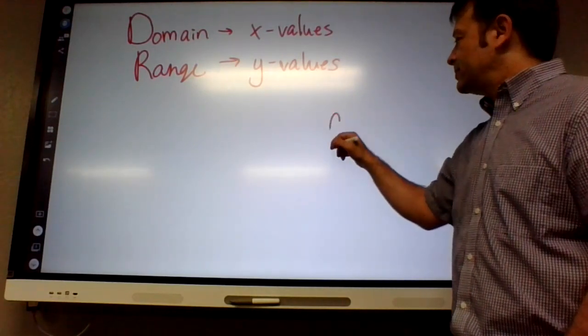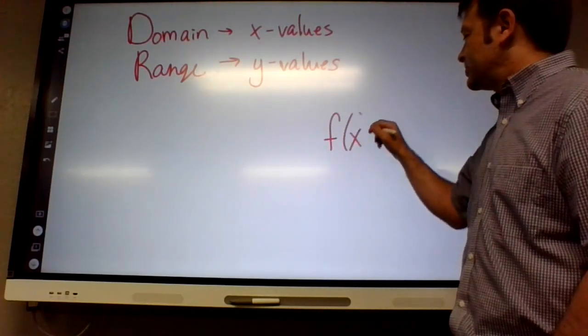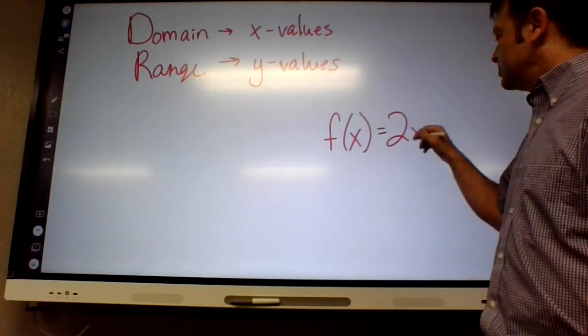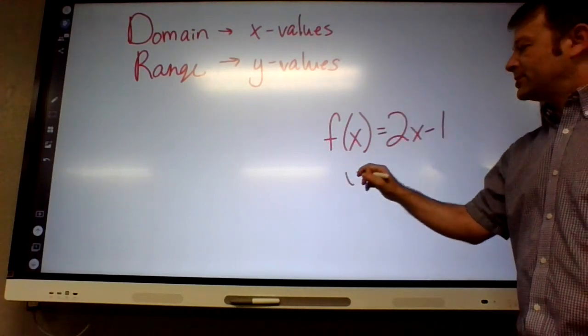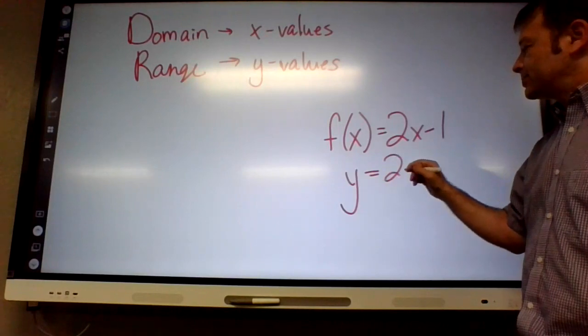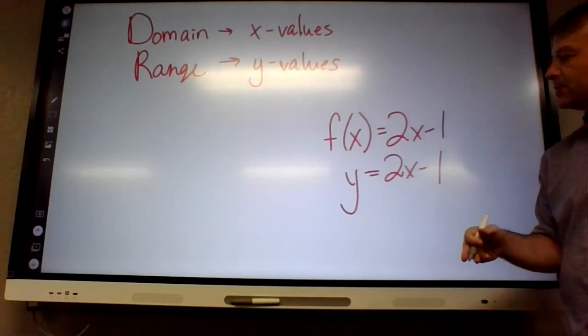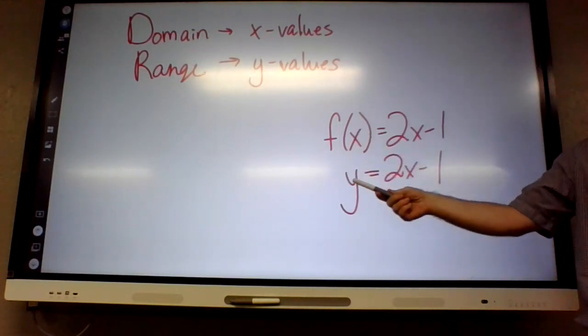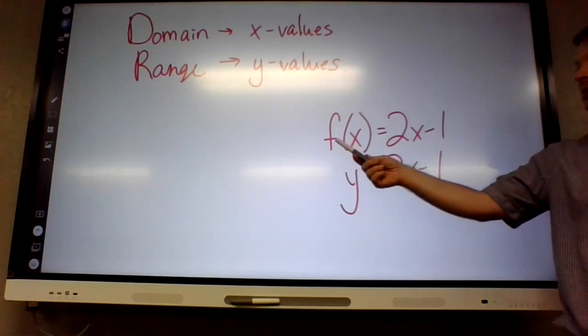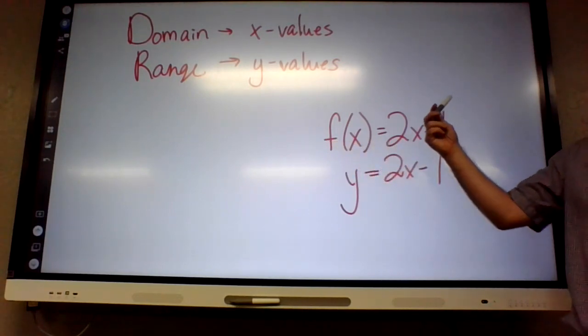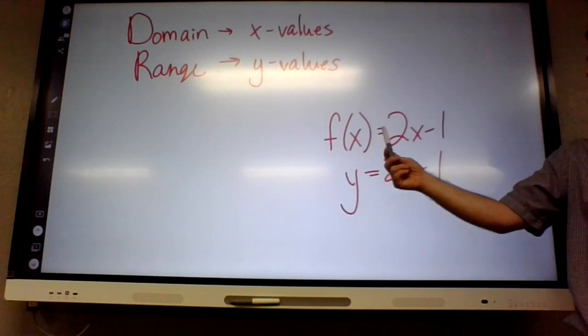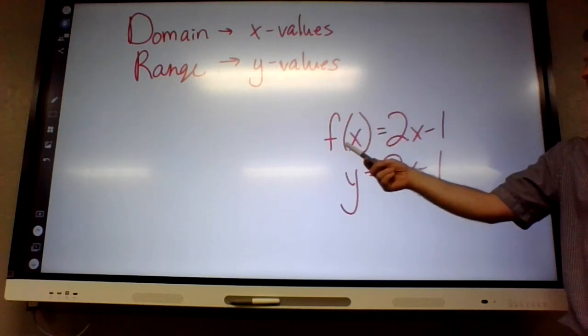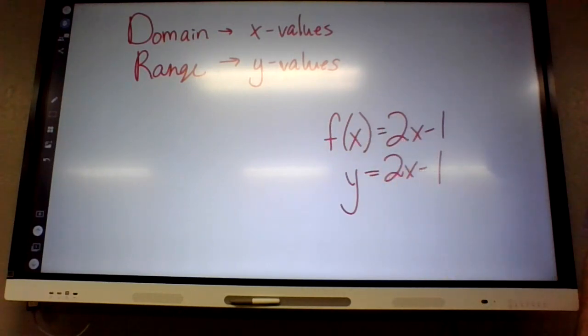So normally a function is written something like this: f of x equals 2x minus 1. By the way, this is the same thing as y equals 2x minus 1. These are interchangeable, just a different way of writing it. If you get into coding, computers, they like to use function notation.